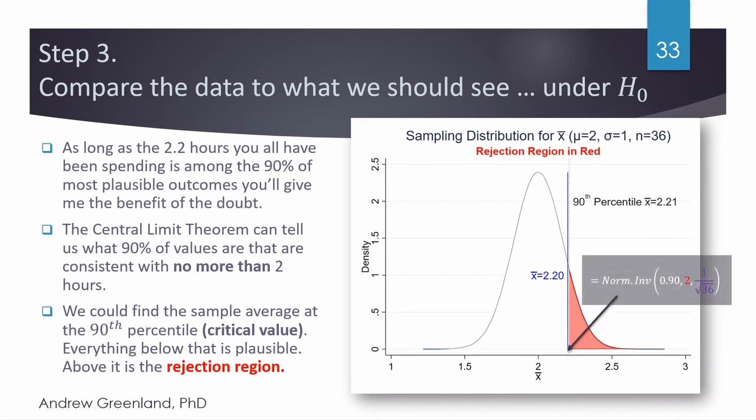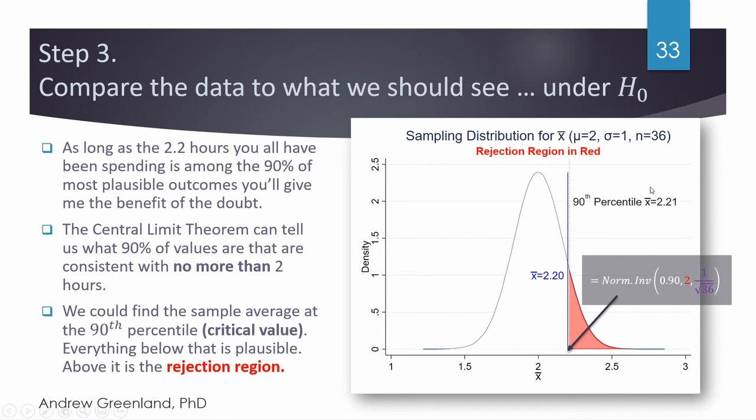And we can again find that using the norm.inverse function where we plug in the percentile, the mean under the null hypothesis, and the standard error. And if we do that, we'll see that the sample average at the 90th percentile would be 2.21 hours. So if you were to go out and find a sample average among 36 classmates that was 2.21 hours or more, that would be unlikely enough, given what I have claimed, that you could be 90% confident that I had misled you.